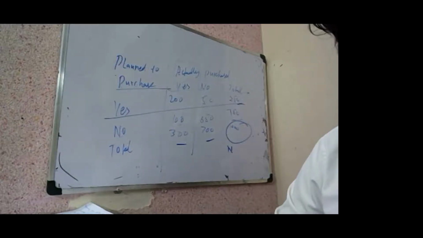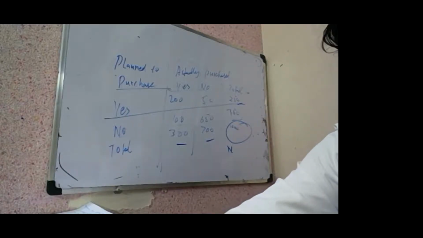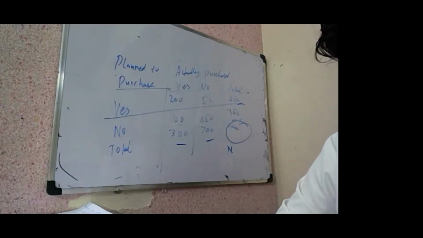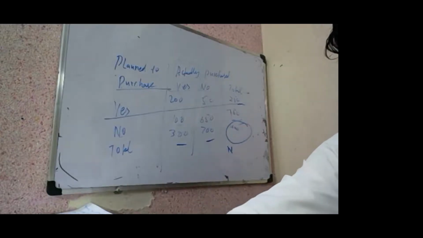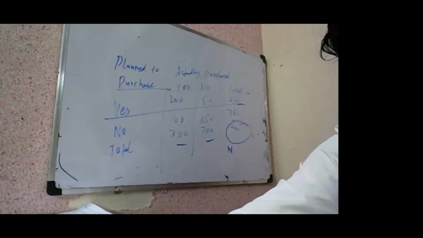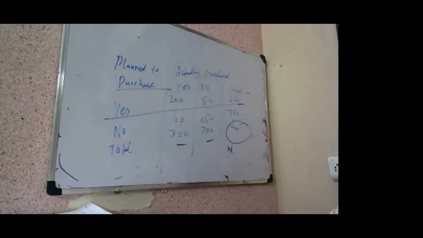We can say households are classified here by whether they plan to purchase, or whether they actually purchased any product.